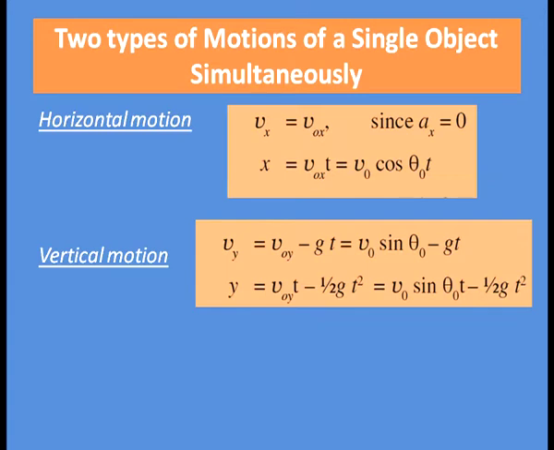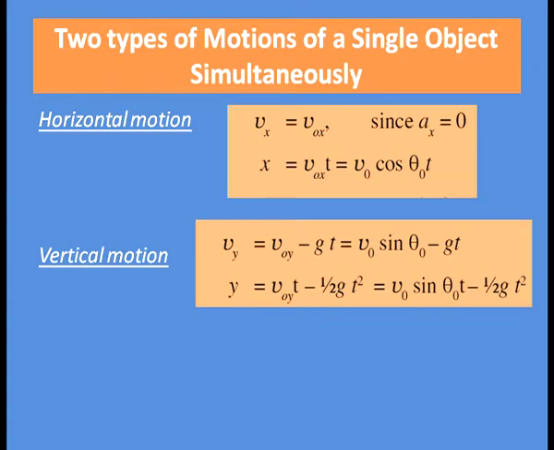That means the distance covered in the horizontal direction will be x equal to velocity into time, that is Vox into t, where Vox is v0 cos theta 0. So, x equal to v0 cos theta 0 t.